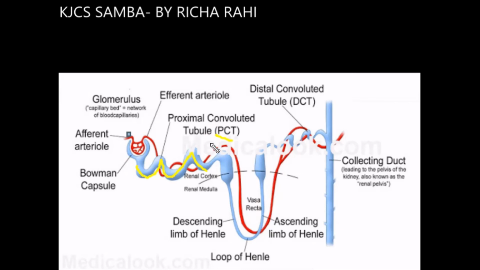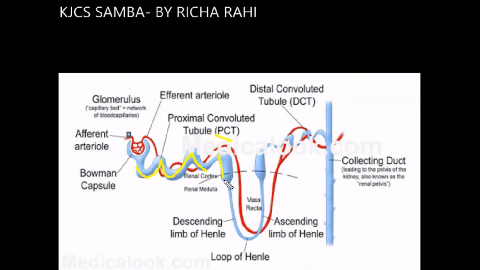So this PCT will push out the glucose and vitamins. The blood vessel you can see running here reabsorbs this glucose and vitamins as they are required by our body. It is very important for our body. So it also absorbs the urea and some amount of drugs.